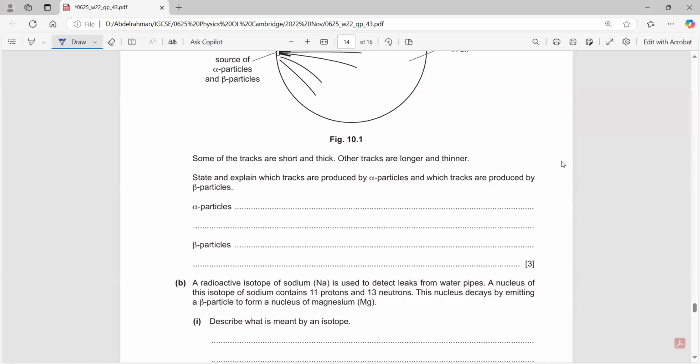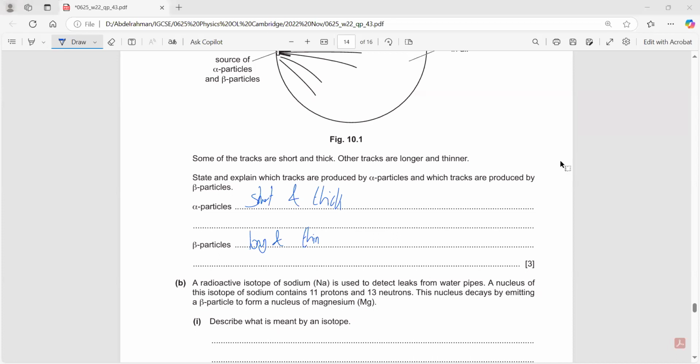If you think about it, which one is the short one and which is the long one? Definitely the alpha particles are the short and thick ones, while the beta particles are the long and thin ones. The explanation.